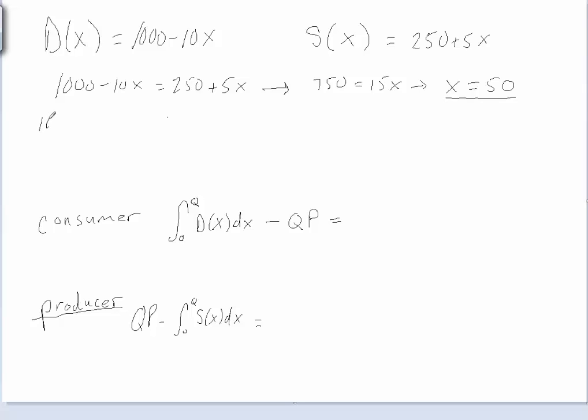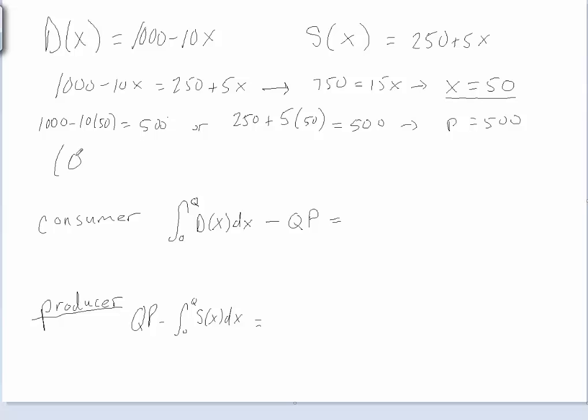And then again, to find the equilibrium price, you can plug our equilibrium value of x into the demand function or into the supply function, and we get 500.